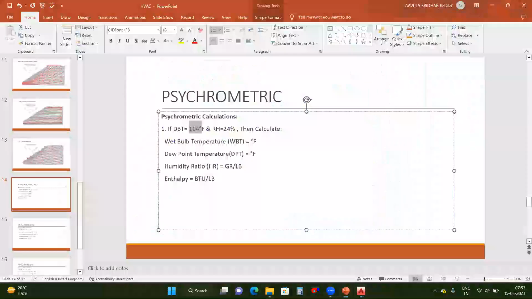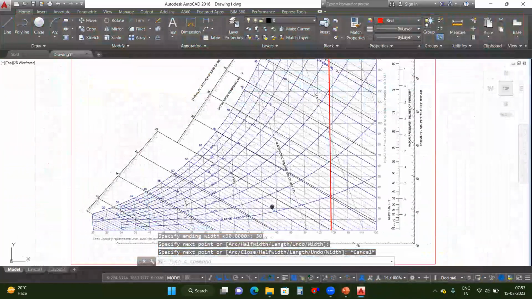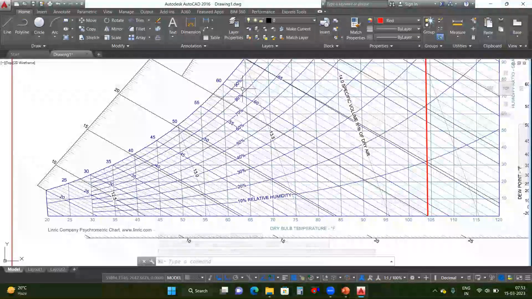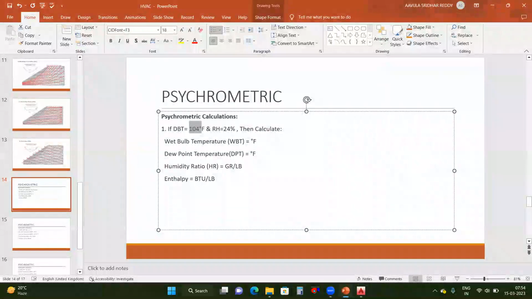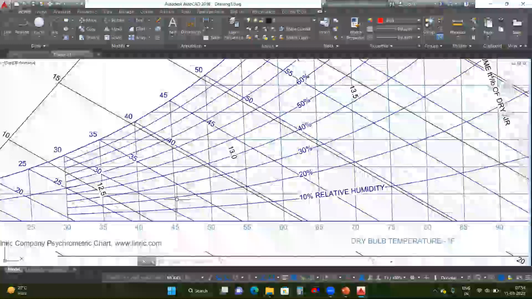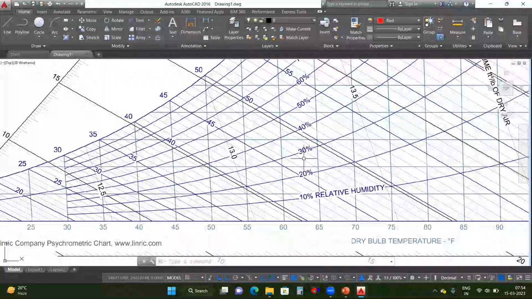The next value we got is a relative humidity of 24%. The relative humidity lines, we know, are 10%, 20, 30. These are the relative humidity lines. Our value is 24%, so it lies in between 20 and 30.